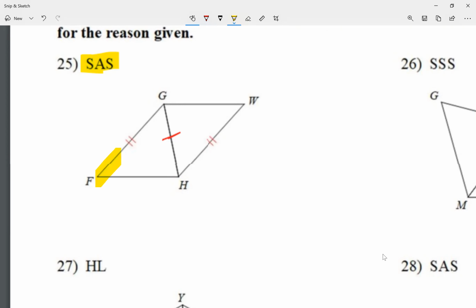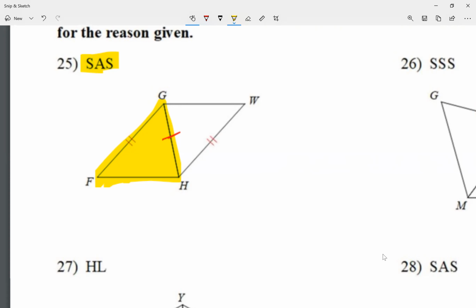So let me look at one triangle here. I'm looking at this one triangle. What am I missing? I'm supposed to have 2 sides and the included angle. I already have the 2 sides. So what am I missing? Well, the included angle, right?